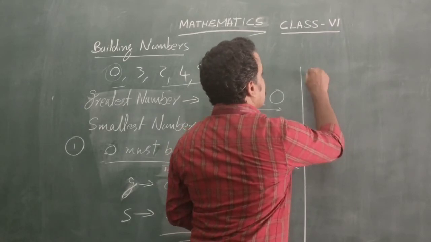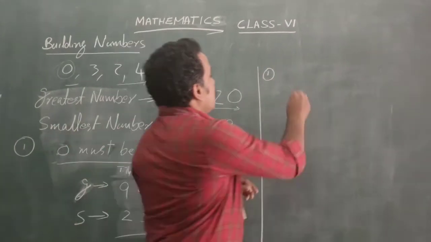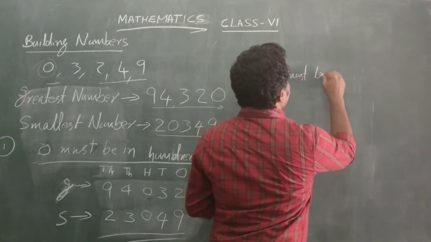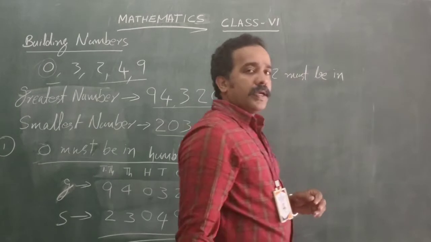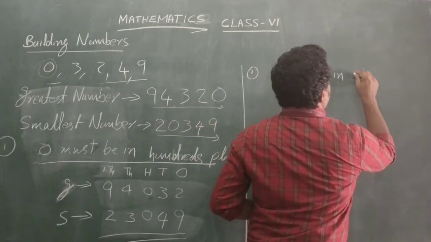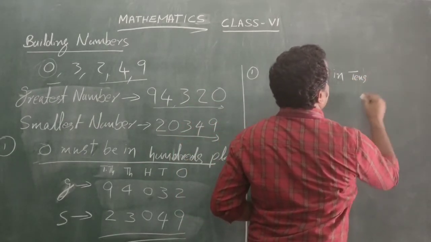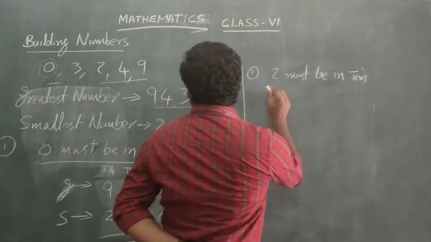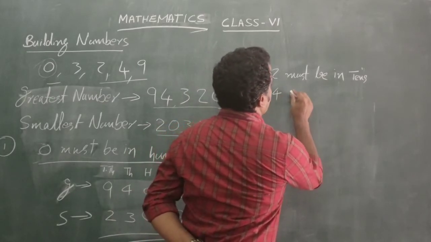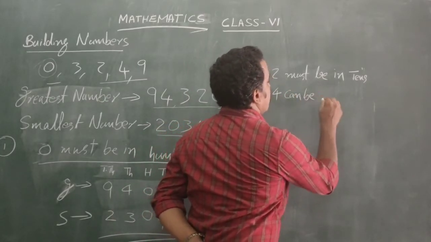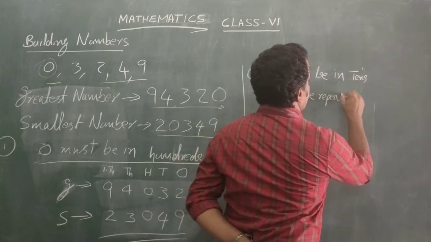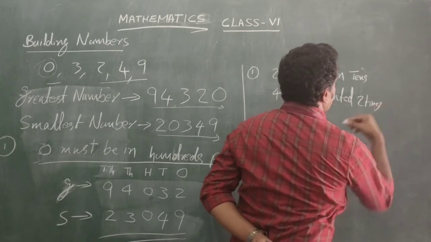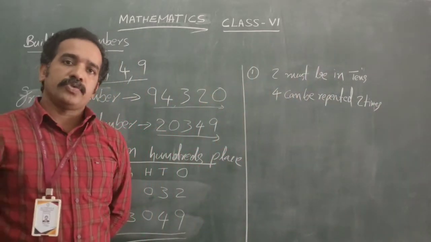The first condition, 2 must be in tens place. And 4 can be repeated 2 times.